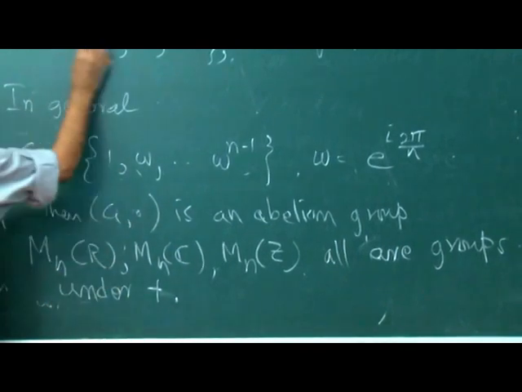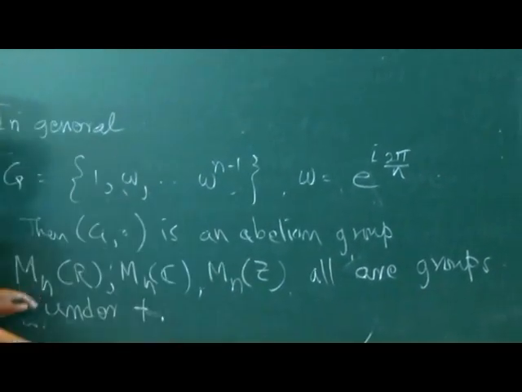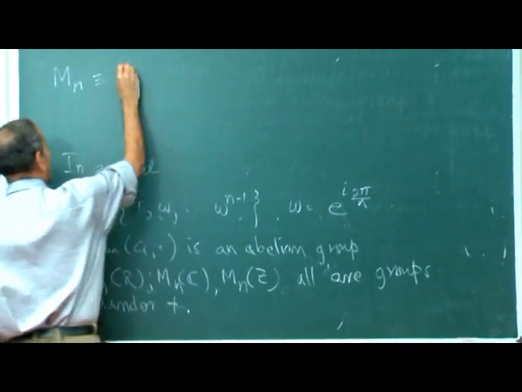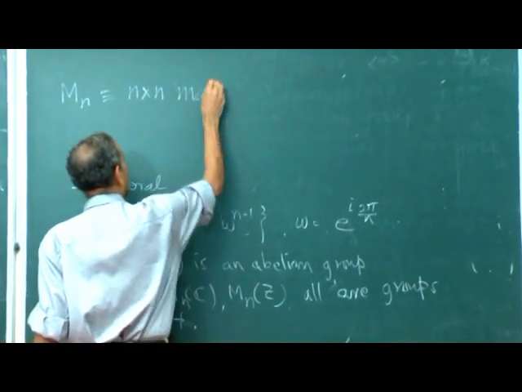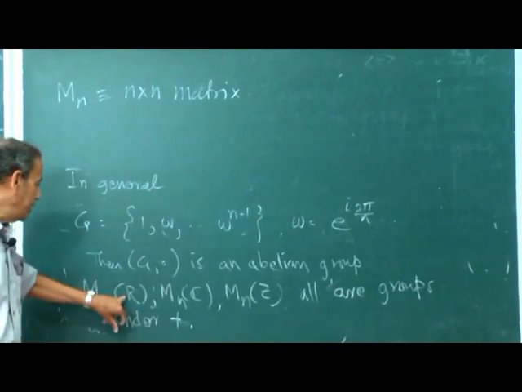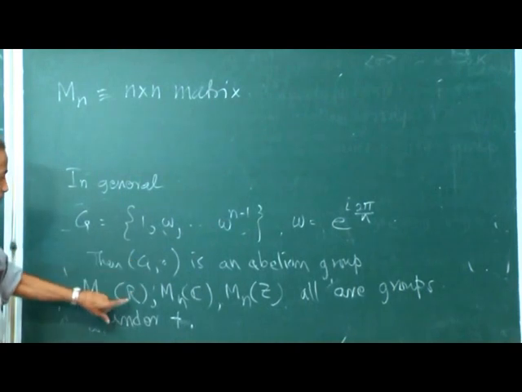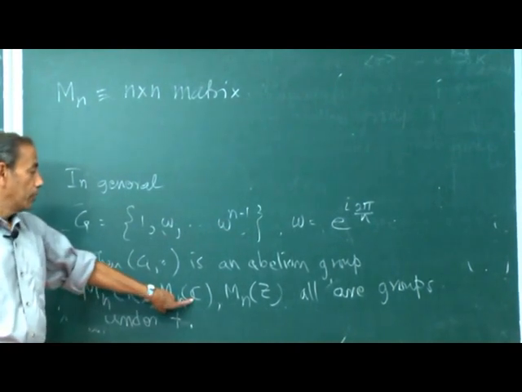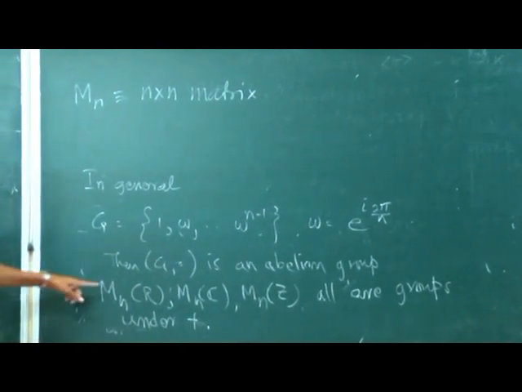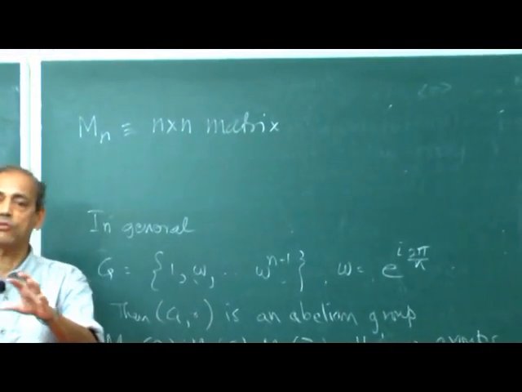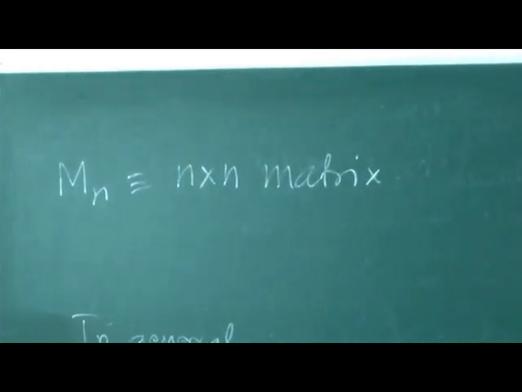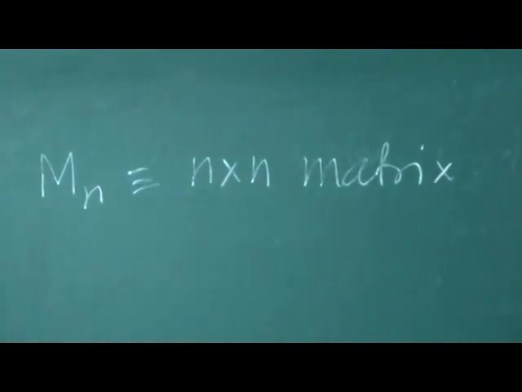There is another group. We will use this notation: Mn stands for n by n matrices. The set of all n by n matrices will be denoted by Mn, and the entries come from whatever is in the bracket. So this is real matrices, complex matrices, integer matrices. So this is a group under addition, but it is not a group under multiplication, because not every element has an inverse under multiplication.